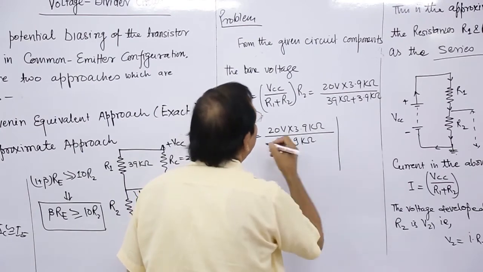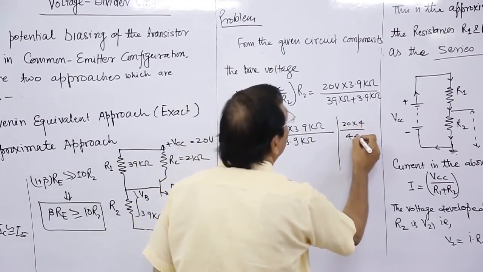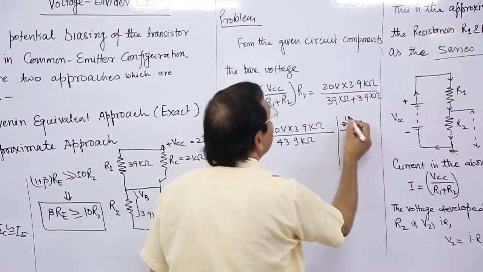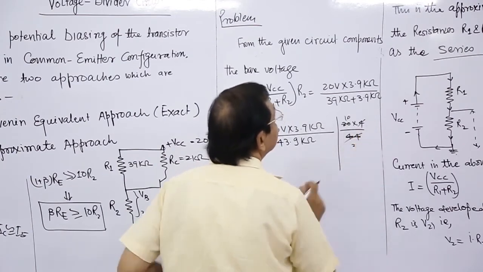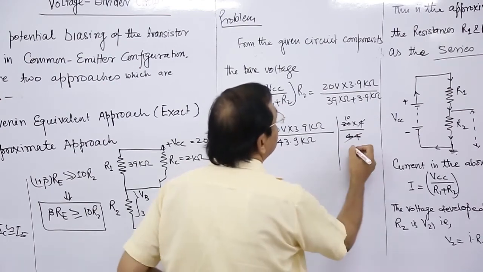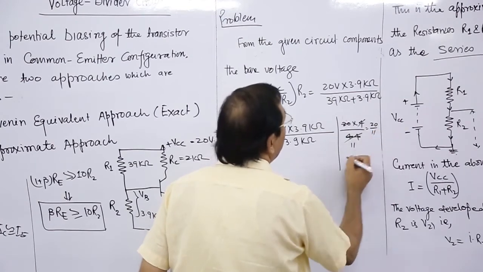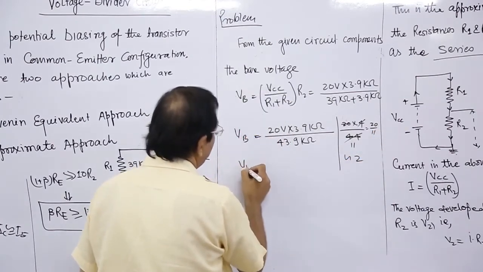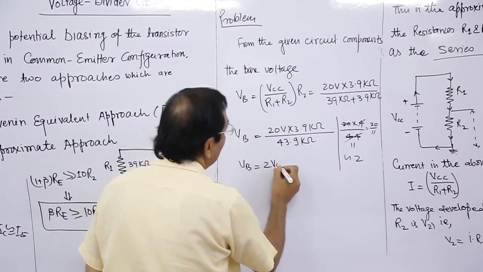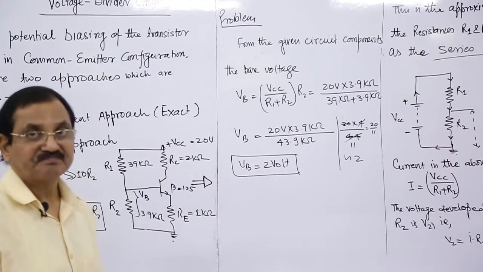We can approximate that as 20 into 4 upon 44, which is 20 by 11, approximately 2. So this VB is 2 volt.